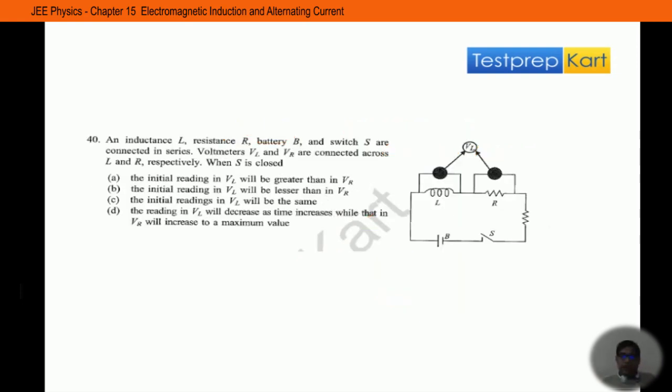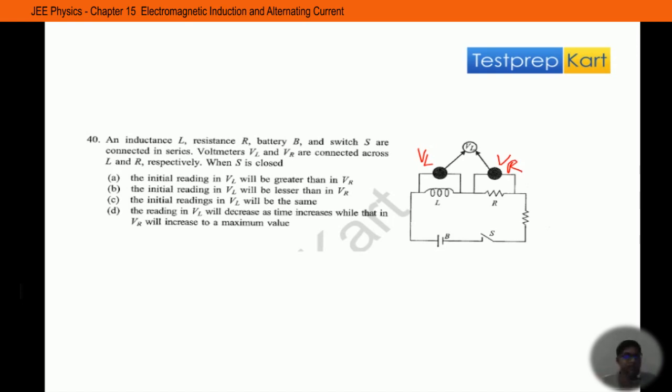Now let's see the next question. This question is for an inductance L and resistance R and battery B, connected with the switch S and connected in series, right? And two voltmeters are connected, one is VL, another is VR.